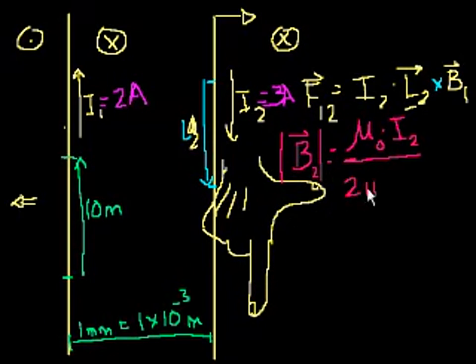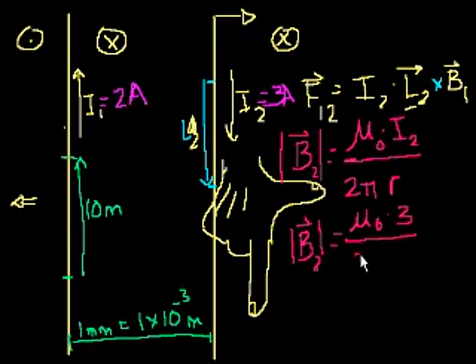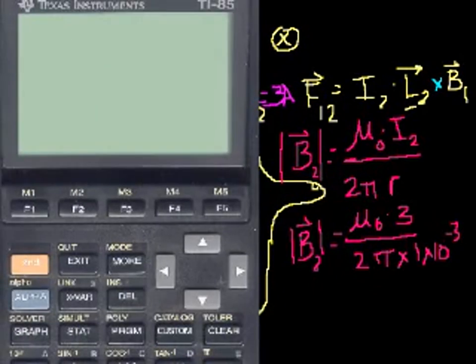So let's put it in: the magnitude of the magnetic field is equal to the permeability of a vacuum times I2, which is 3 amperes, divided by 2 pi times 1 times 10 to the minus 3. And that answer will be in Teslas.